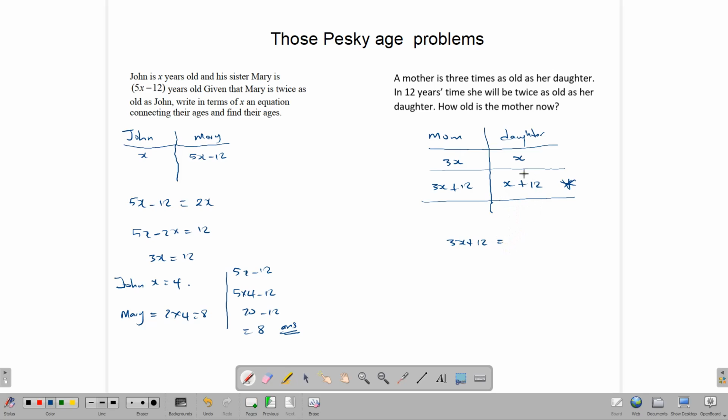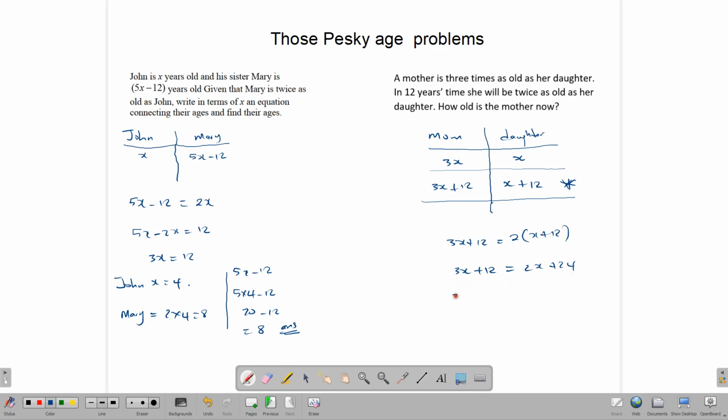So take the daughter's age, multiply it by 2, and whatever number you get should be equal to mommy's age. So 2 times x plus 12 would give you mom's age. So let's do this: 3x plus 12 is equal to 2x plus 24.